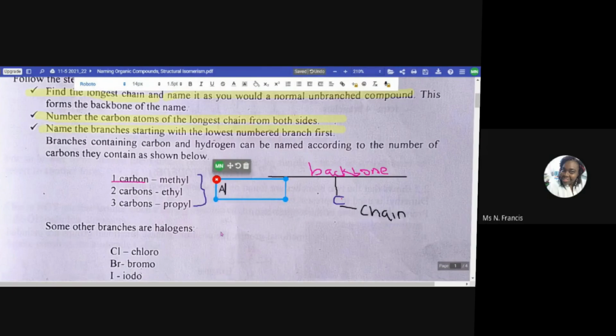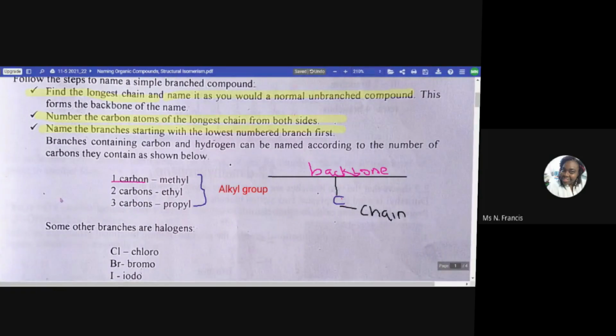If it has two, then I call it ethyl. If it has three, then I call it propyl. So if I want a longer pendant, I have my pendant and I want to make it longer.